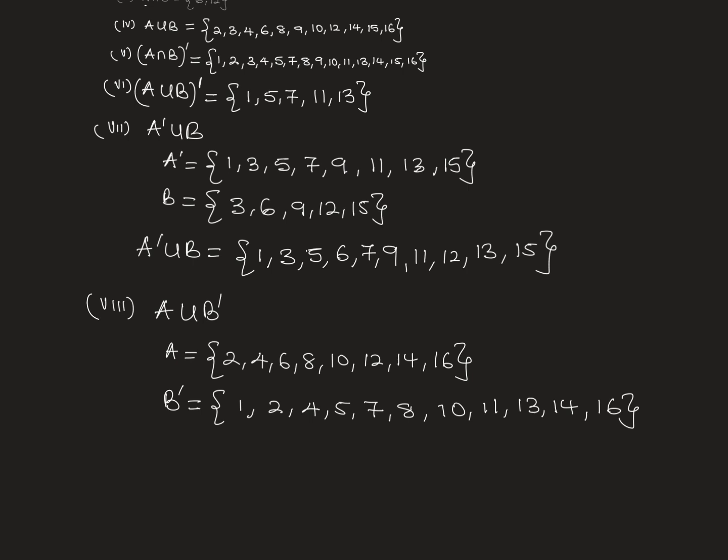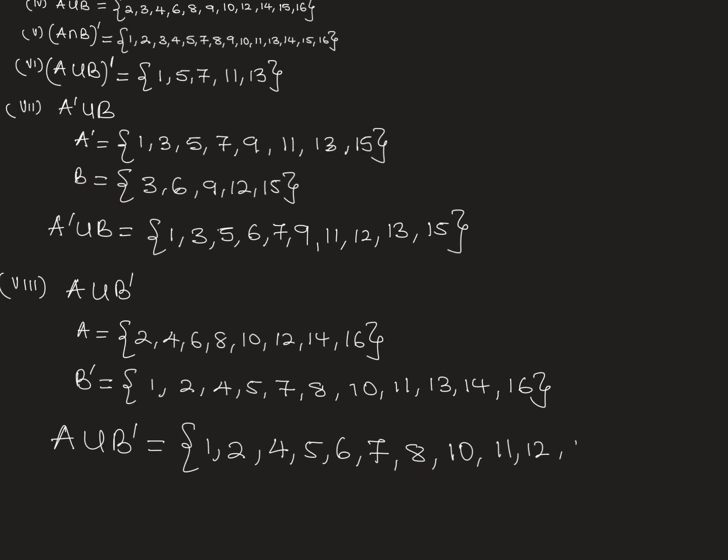Very correct. So if you have them, you can now answer the question. It says you unite them. So A union B complement will be 1, 2, 4, 5, 6, 7, 8, 10, 11, 12, 13, 14, and 16.